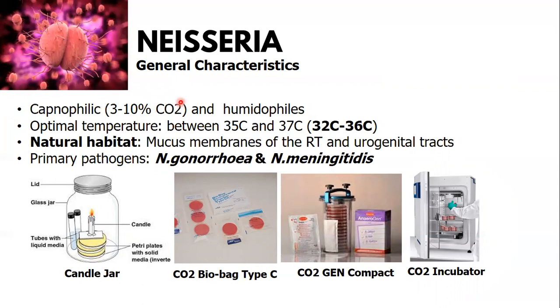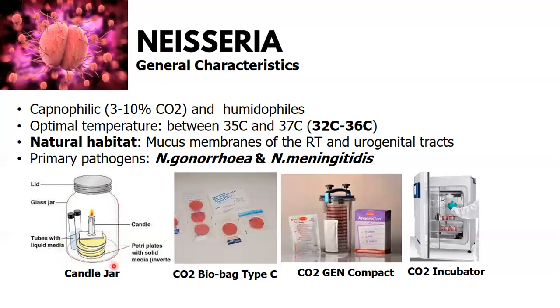And on top of this, members of the family Neisseriaceae are humidophiles, which means that they require increased moisture. In the laboratory, how do we achieve a capnophilic environment that is supportive for the growth of Neisseria? Routinely, we can use a candle jar.